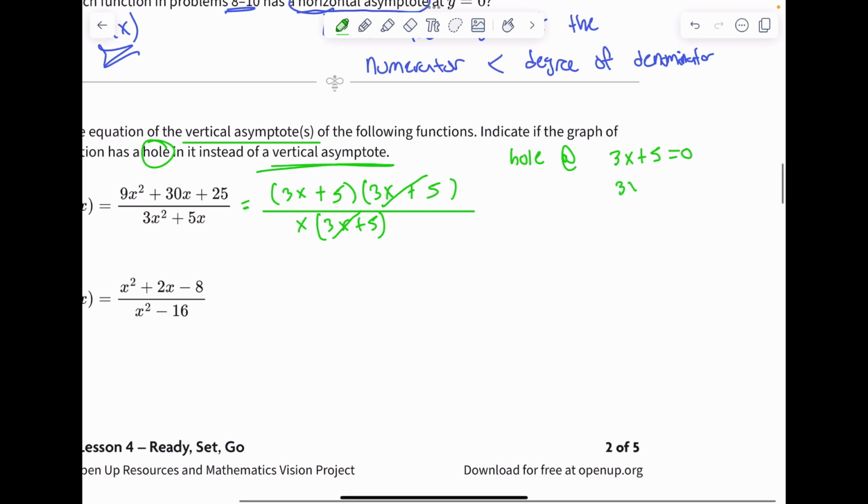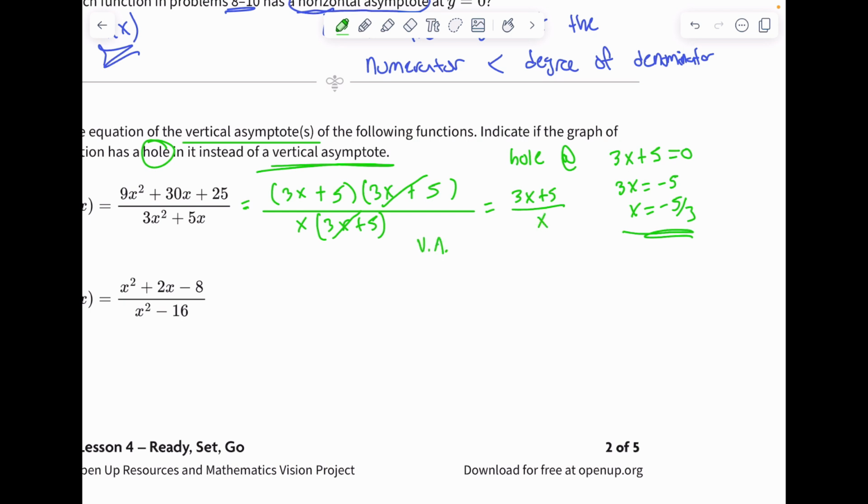So 3x is equal to negative 5, so x is equal to negative 5 thirds. So there's a hole at x equals negative 5 thirds. And then where's my vertical asymptote? If this simplifies down to 3x plus 5 over x, my vertical asymptote, VA for short, happens at x is equal to 0. Okay? And I have a hole at negative 5 thirds.